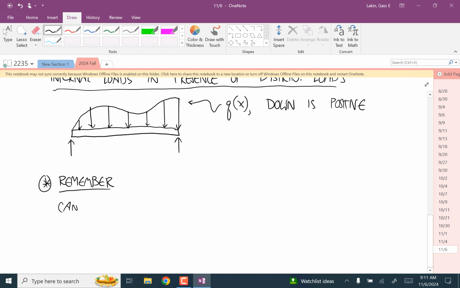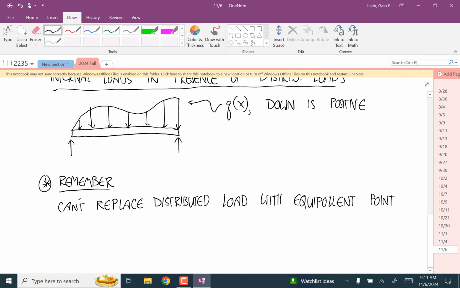You can't replace a distributed load with an equivalent point force until you've chosen the body to isolate.